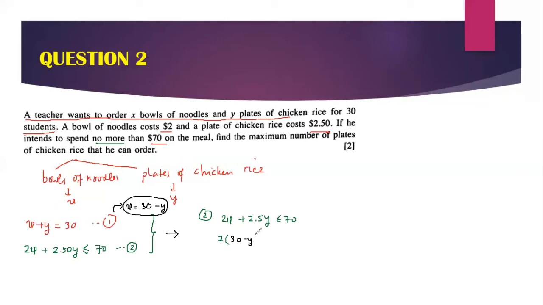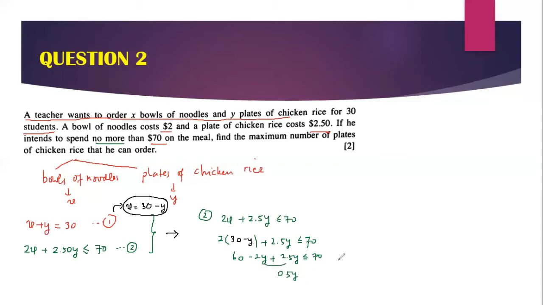Is it clear to you? Plus 2.5y less than or equal to 70. So 60 minus 2y plus 2.5y less than or equal to 70. So 0.5y, is it clear, everyone?